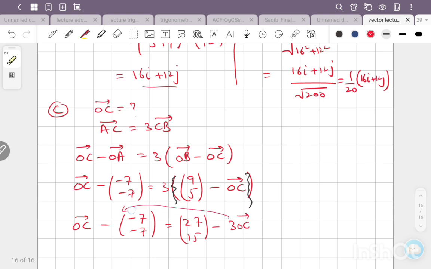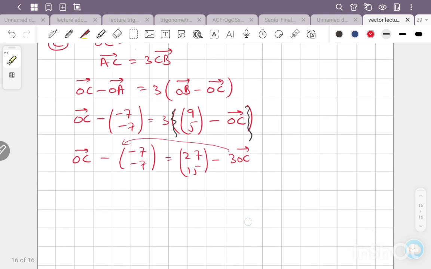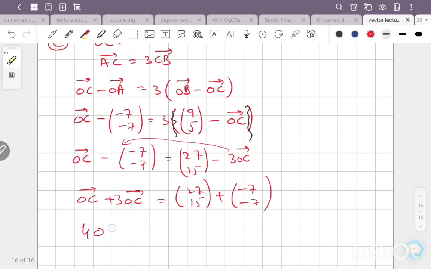This OC will be shifted here, so we get OC plus 3OC equal to 27, 15 plus minus 7. Okay, so this will be 4OC, and 27 minus 7 will be 20, and 15 minus 7 will be 8.